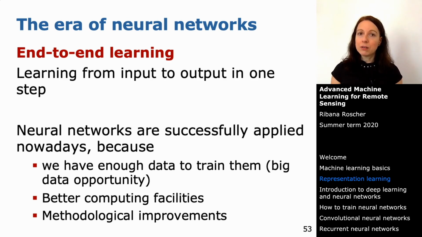Nowadays we have a much larger pool of tools for how to optimize neural networks, how you can train them in a stable way, and so on. That was not possible 10 or 20 years ago, and that's why, even though they existed for a long time, they have become very popular only in recent years, because now all these things happened.